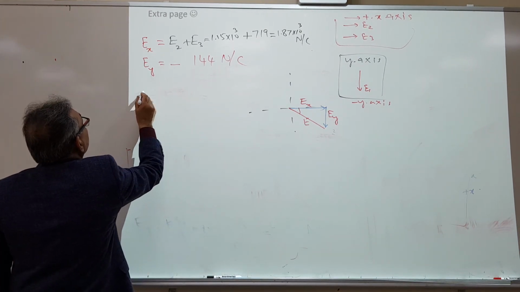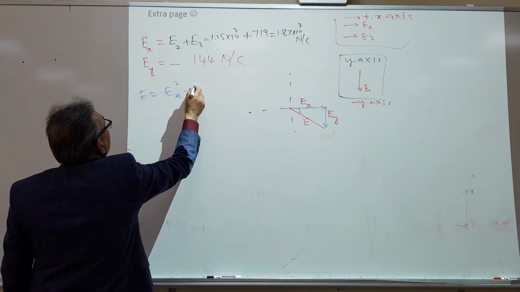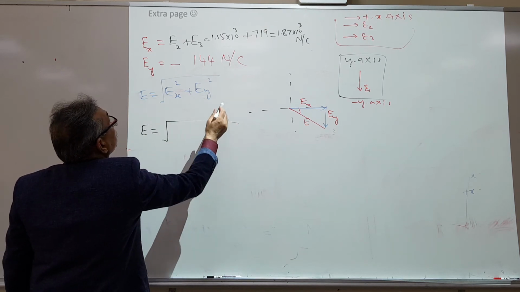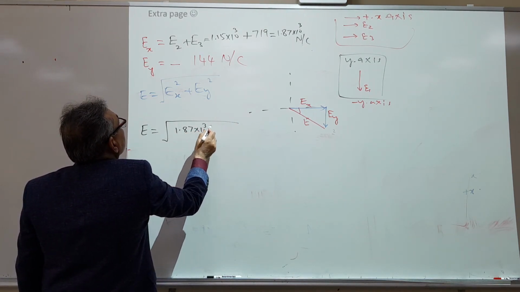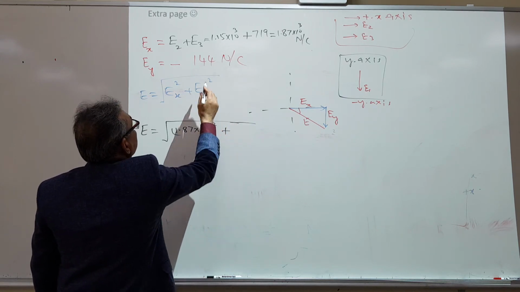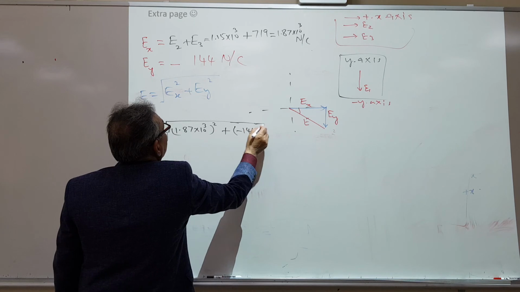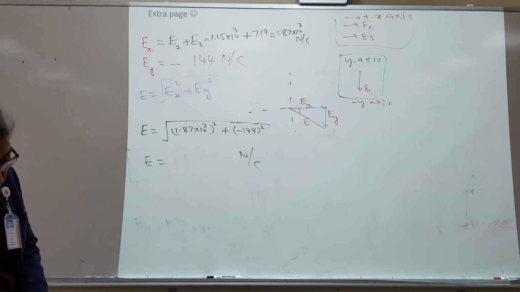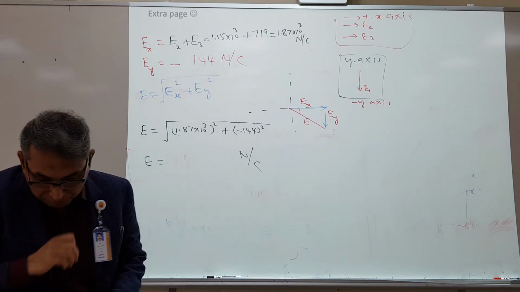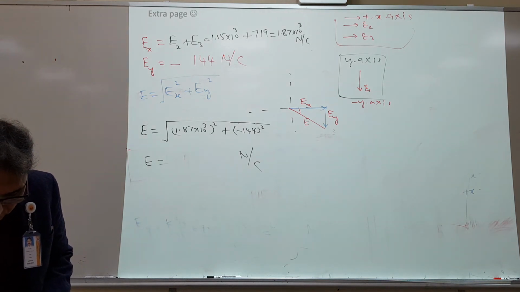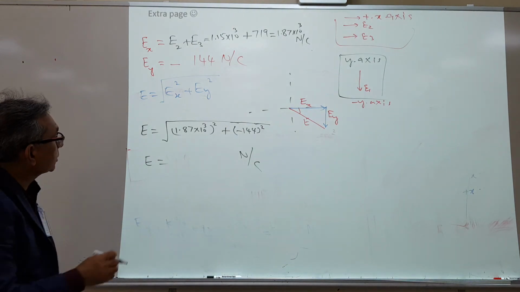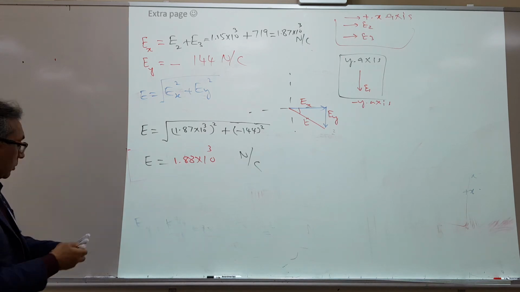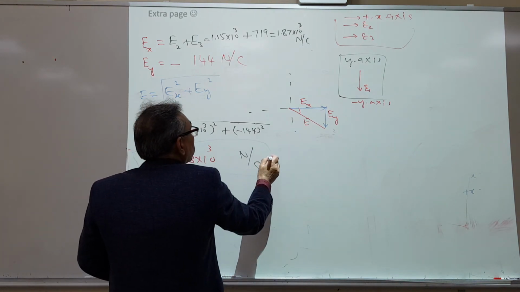By Pythagoras theorem, you get the resultant electric field intensity between these two charges on the x-axis as 1.88 times 10 raised to power 3 Newton per Coulomb. So this is the magnitude.